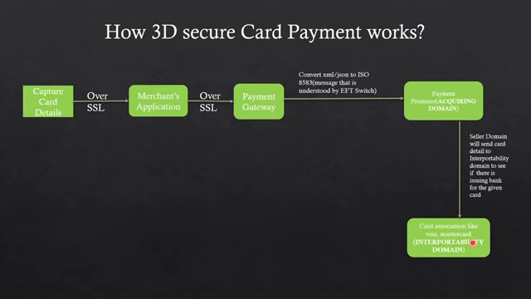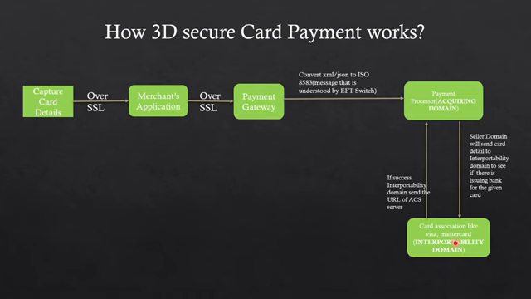Now, if the card is a valid one, then the interoperability domain will send a response back to the acquiring domain saying that it is a success, and it will give you a URL for your access control server. Now, the access control server is the server which is on the issuing bank side. The issuing bank is the bank which has given you the card.